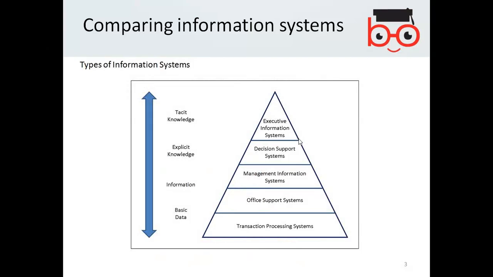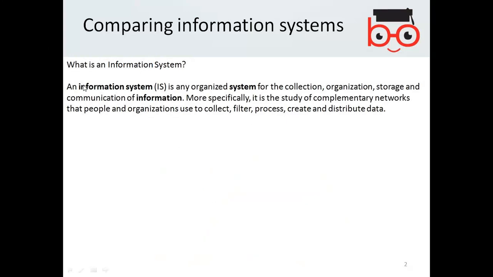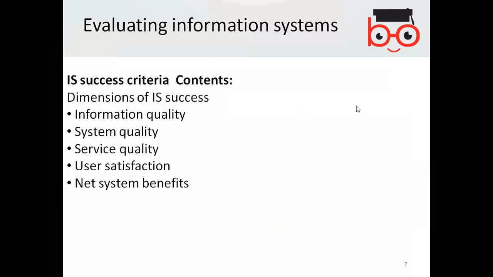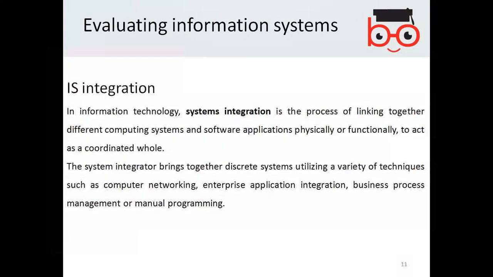The type of system you are dealing with should be very clear so that you can produce it. The overall information system is the system for collection, organization, storage and communication of information.